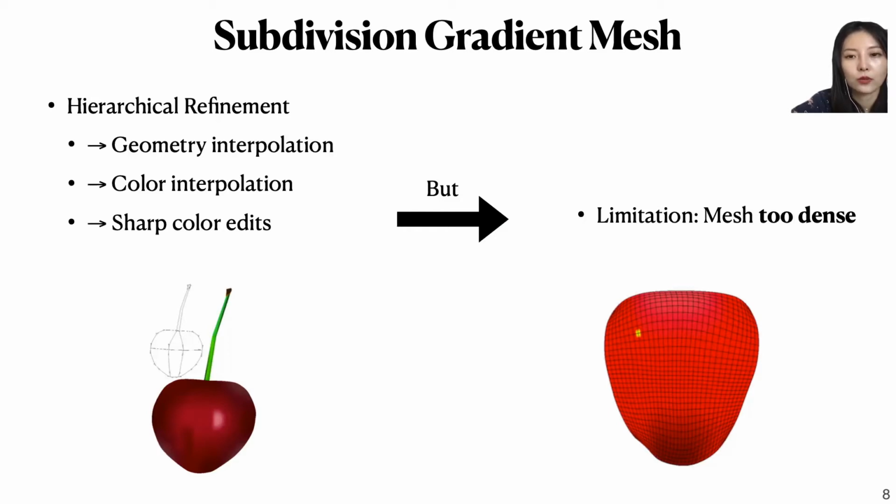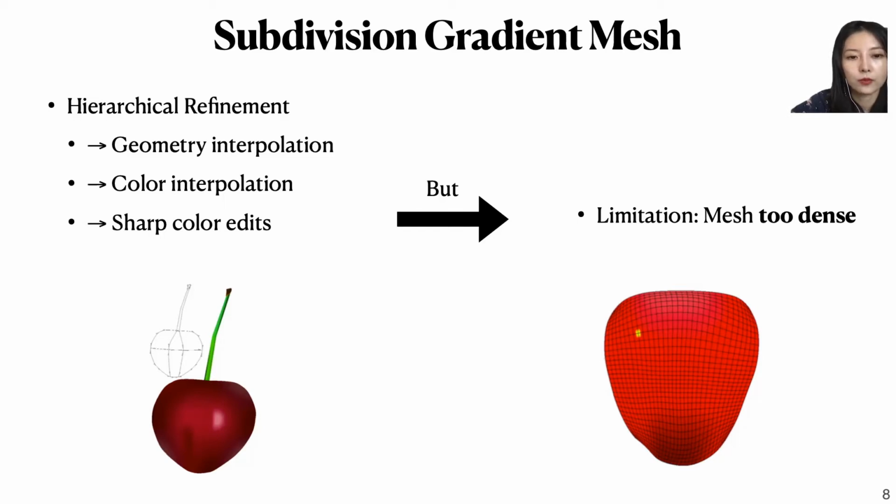If you only want to add a small detail, like the small yellow point on the strawberry here, you have to subdivide the whole mesh. So ideally, if we want to add a local edit, we only subdivide locally and don't subdivide other areas.